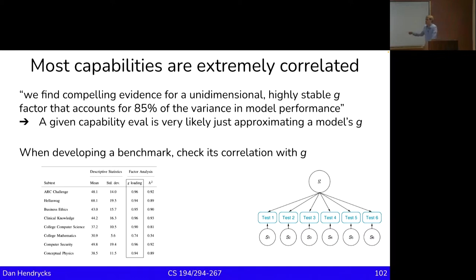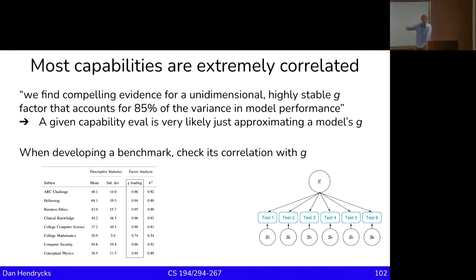At the right is Spearman's model of intelligence from the previous century. There's a general factor, and then there's some task-specific skills that improve performance on some different tests. So one can be generally smarter, and then also have some task-specific knowledge, and that will flow into performance on a test.